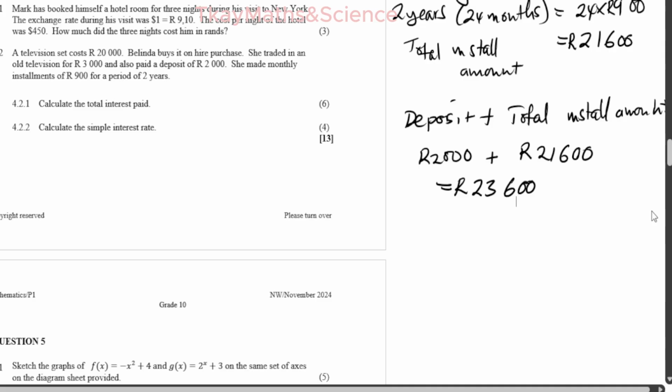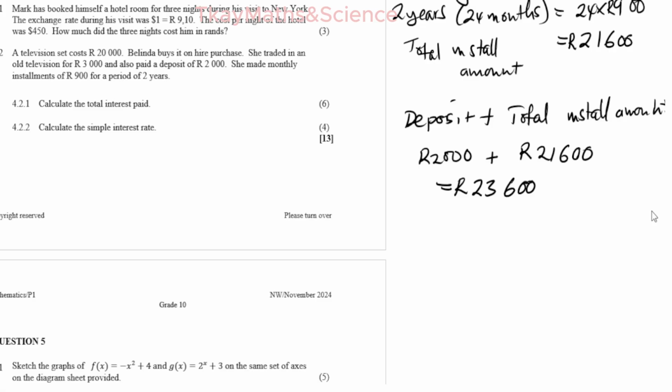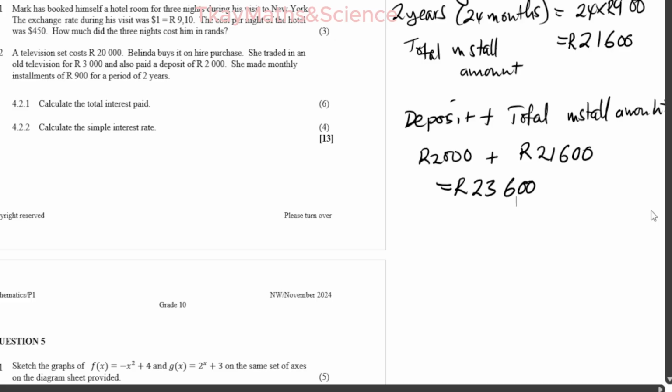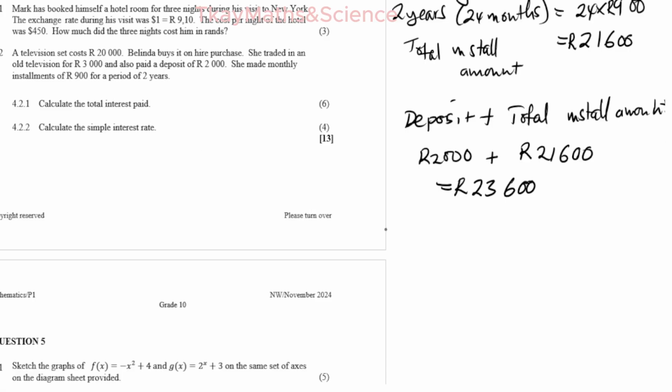So now we're gonna calculate the total interest that is paid. We're gonna find it using the amount we paid, subtracting the amount we were supposed to pay if we were going to pay it in cash. That is 20,000. So the total interest is the difference between those two numbers.